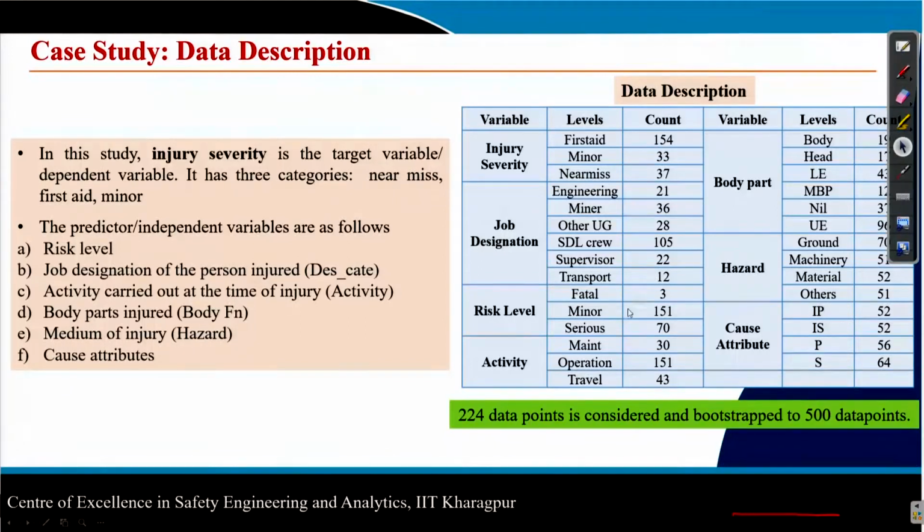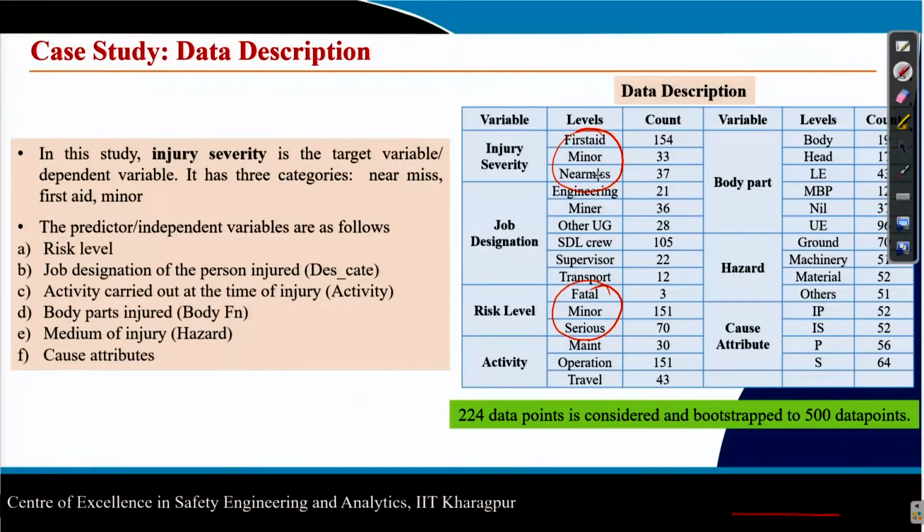Now let us see the data. Now the data on injury severity, you see first aid, minor, near miss. This is the interesting part when you compare with this. So the actual or potential severity was this, but when it actually happened, it is at a much lower level. Then why is the potential one reduced?